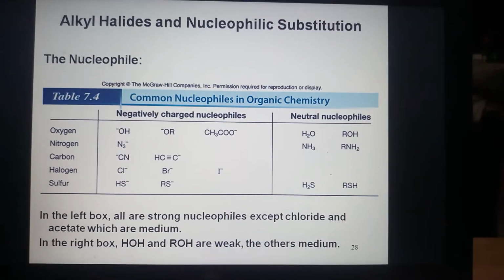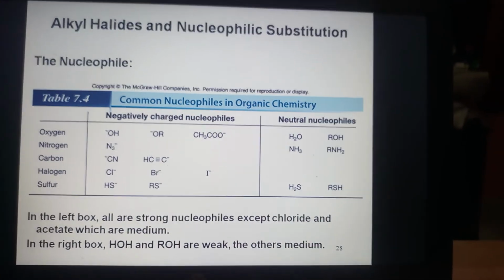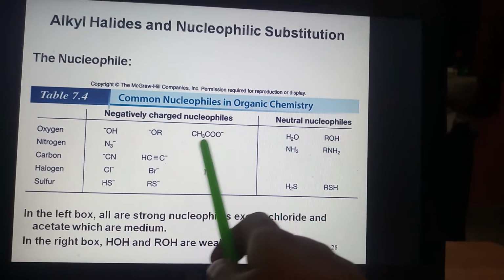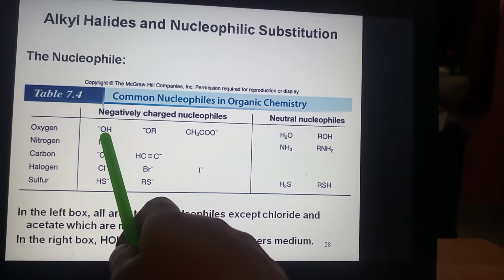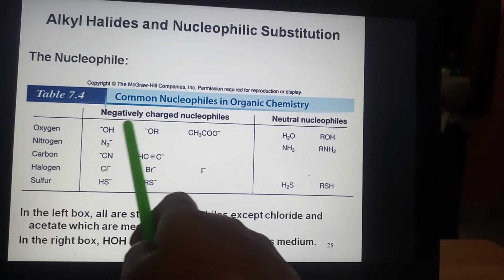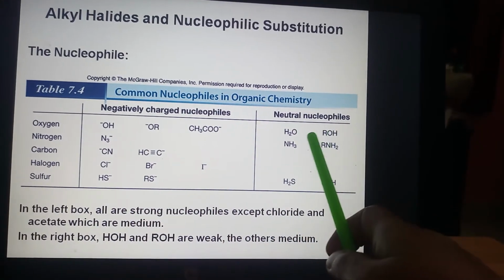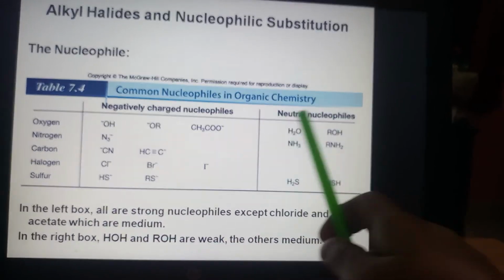Here is a chart of nucleophiles. You can see these are the negatively charged nucleophiles. Oxygen containing nucleophiles are OH-, OR-, CH3CO2-, and the neutral nucleophiles are water and alcohol.